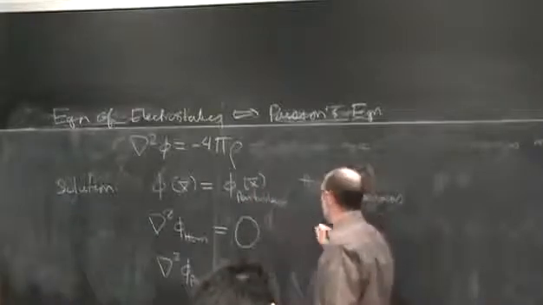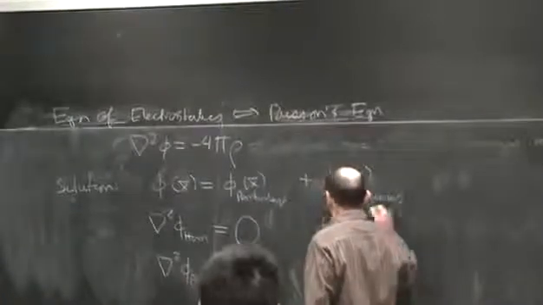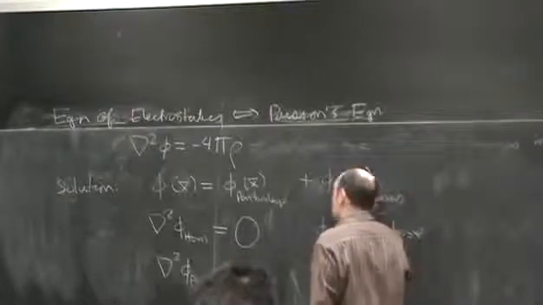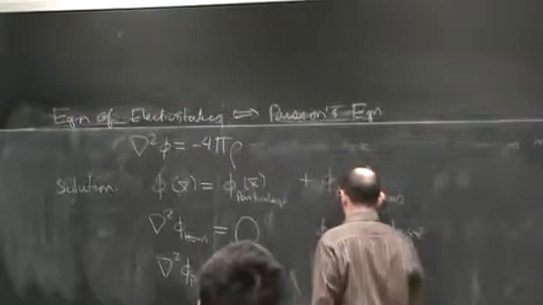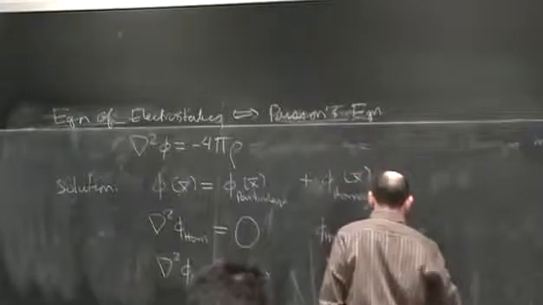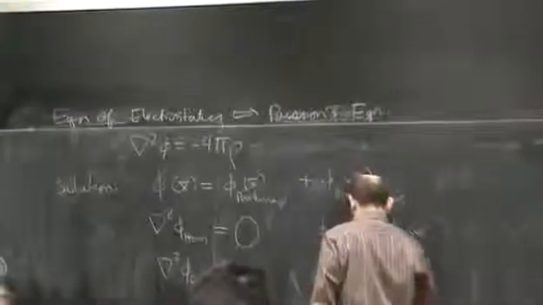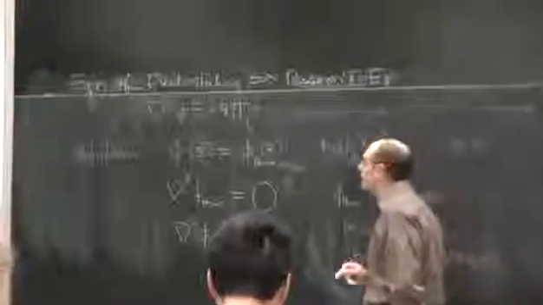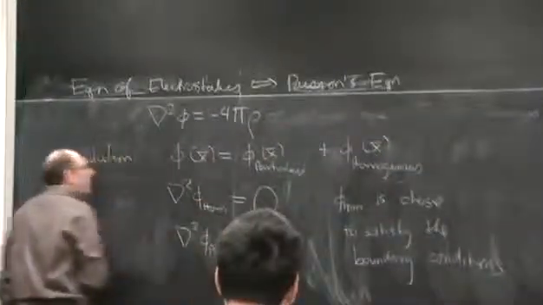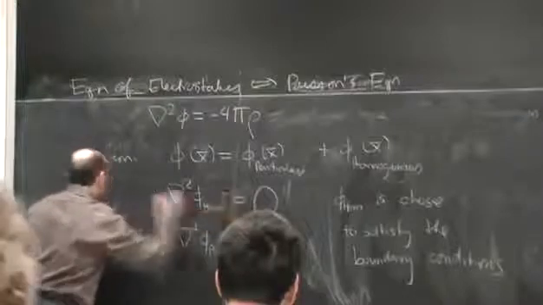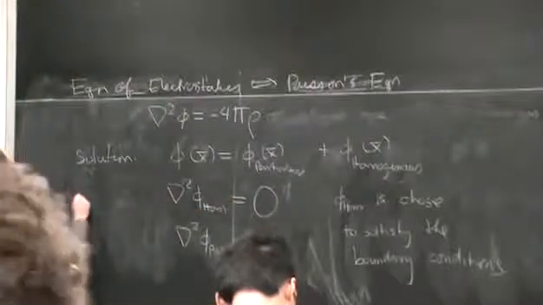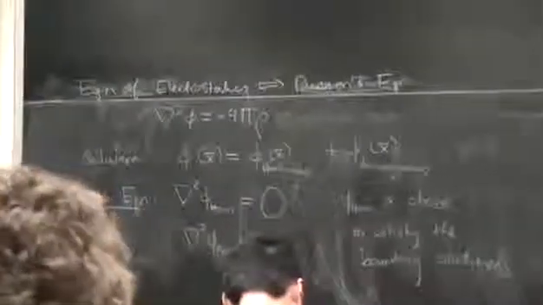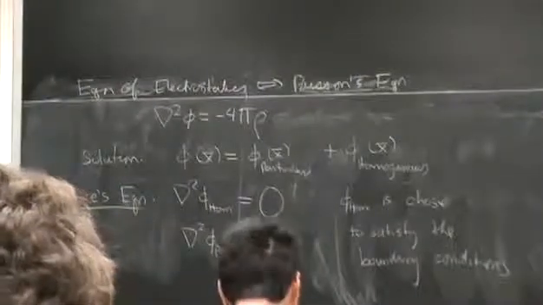And this is a solution where the homogeneous solution is chosen to satisfy the boundary conditions. And this equation, if we have rho is 0, is called the Laplace equation. Okay?